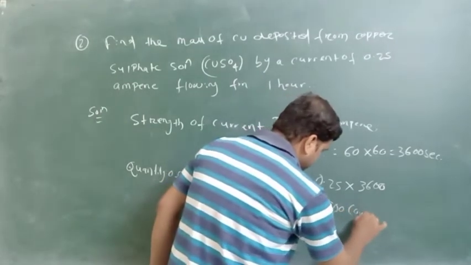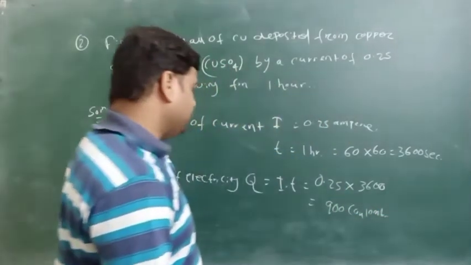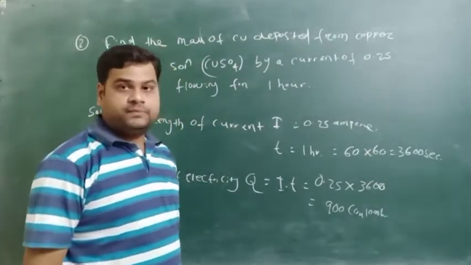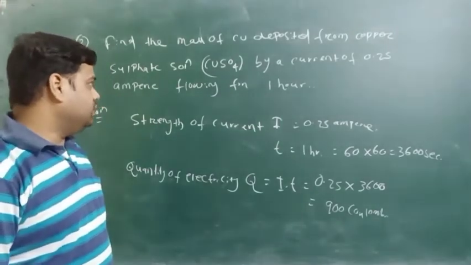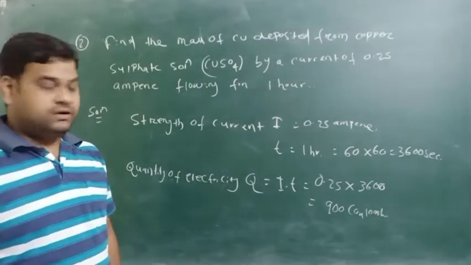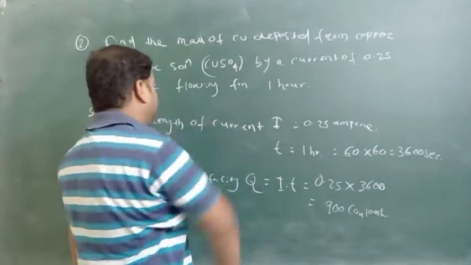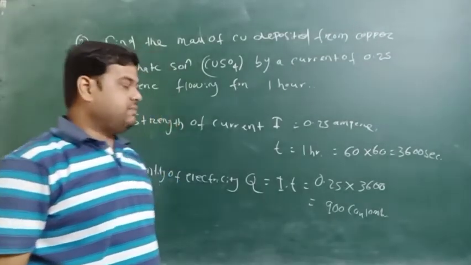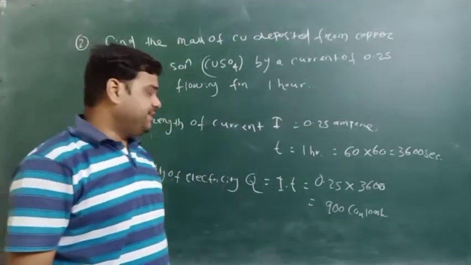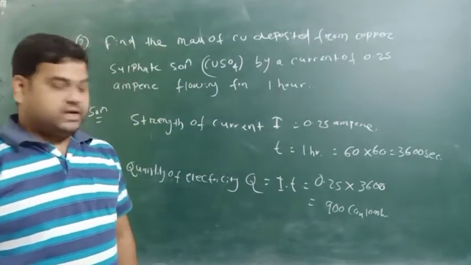Here the quantity of electricity Q equals 900 coulombs. 900 coulombs of electricity is supplied to the copper sulfate solution when 0.25 ampere of current flows for 1 hour.